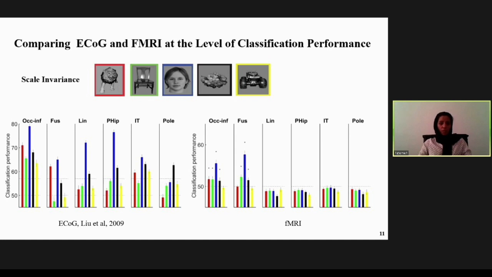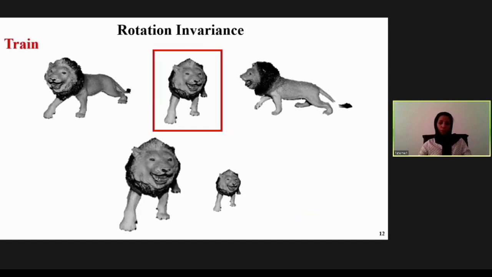We see that category information can be read out robust to the scale changes in occipital inferior and fusiform in both fMRI and ECoG data. None of the lingual, parahippocampal, IT, and temporal pole regions show significant decoding accuracy across different scales in fMRI. However, in ECoG, these regions are more selective to the faces or fruits.